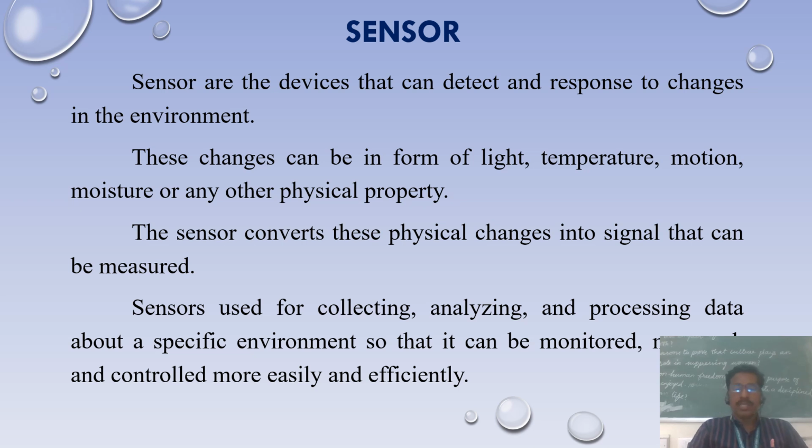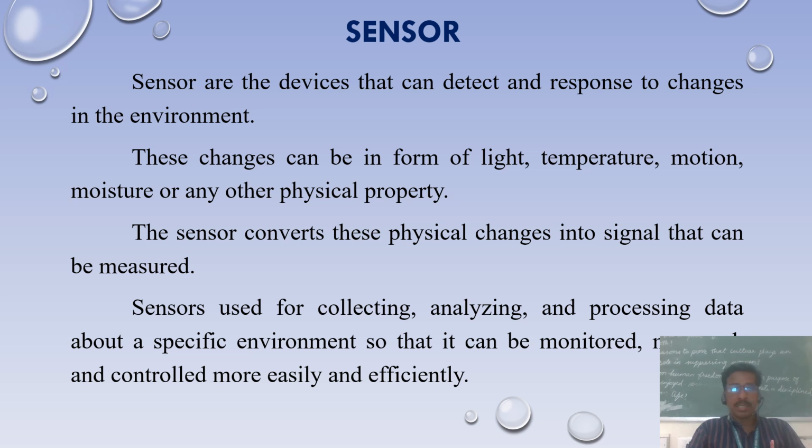The next topic is sensors. Everyone knows that a sensor acts as an input device for robotics that fetches data from various environments and stores it in a computer system.